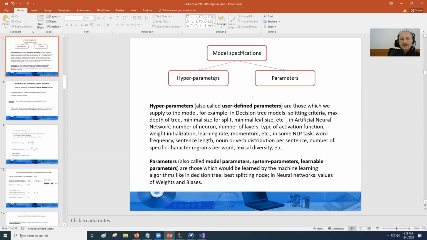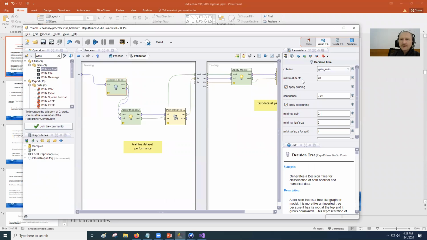In this model, there is a hyperparameter. Hyperparameter means user-defined parameters. The user can define the values of these parameters. For example, the splitting criteria: how the decision tree will split, left side or right side, or which attribute will be chosen as the starting node.